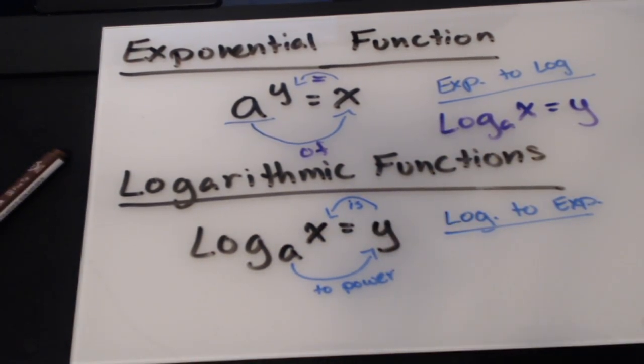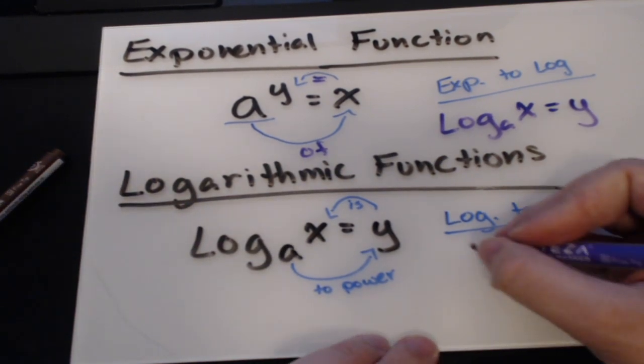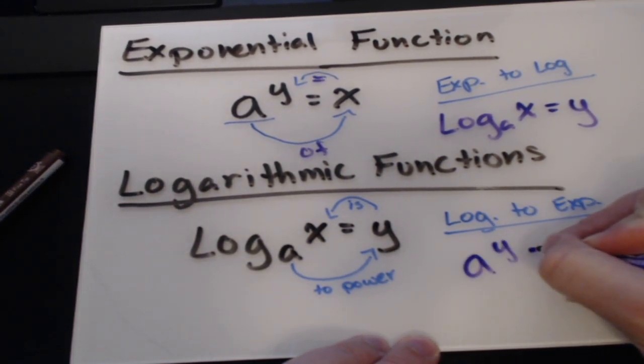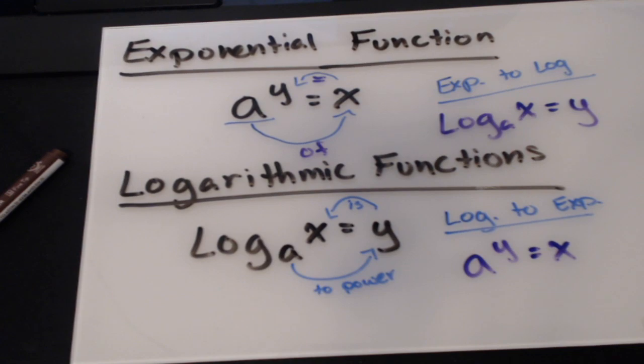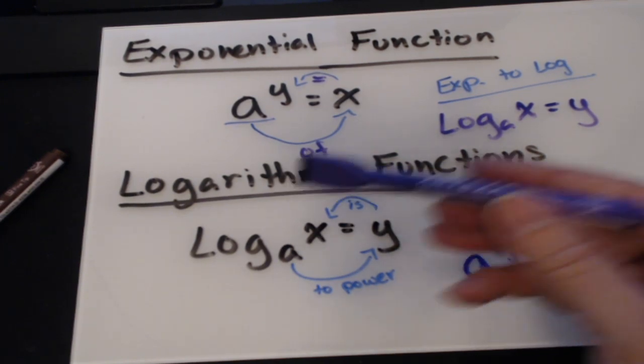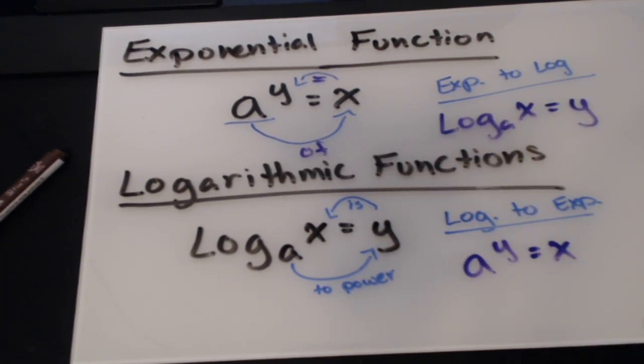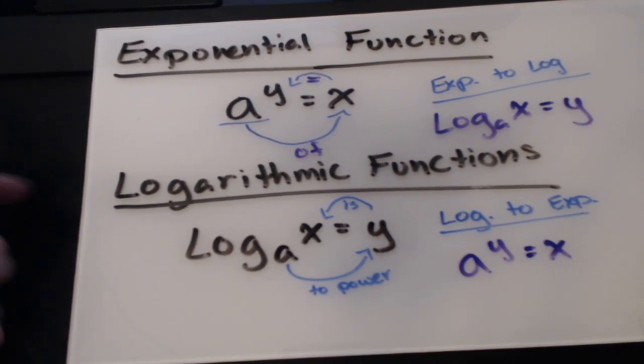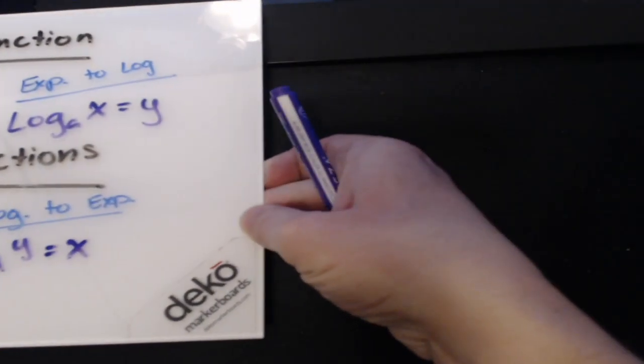So a to the y power equals x. And you can see these in many different forms. You could see them where they actually just want you to convert. You could see an exponential function given and they want you to solve it out. We'll talk about a few different examples, but I want to make sure we have this conversion. I'm going to set this board off to the side so we can come back to it in a few minutes if we need to.